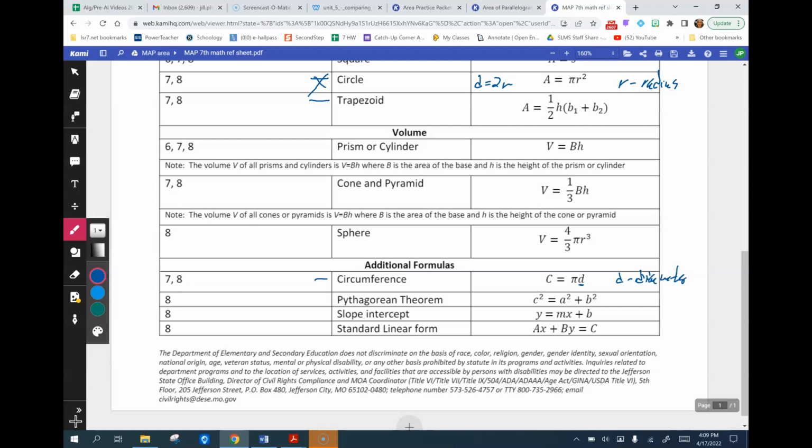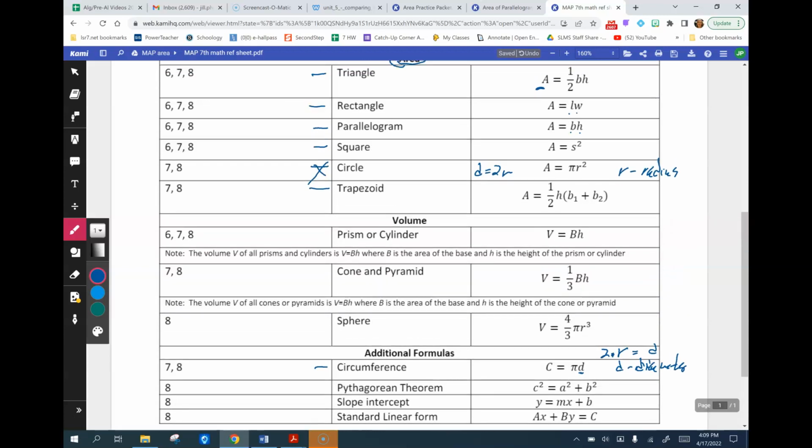But what if they don't give me the diameter? Well, if they give me the radius, I'm going to take the radius times 2 to get the diameter. So up here, I should have said, how can you find the radius? The radius is that you take the diameter divided by 2. Okay, so if I have the radius on area, yay, that's what I want.